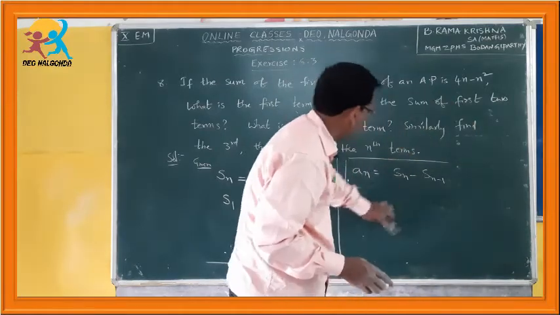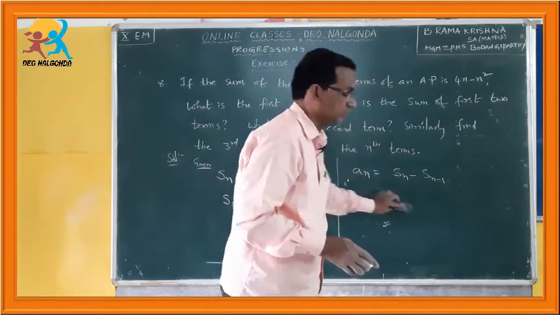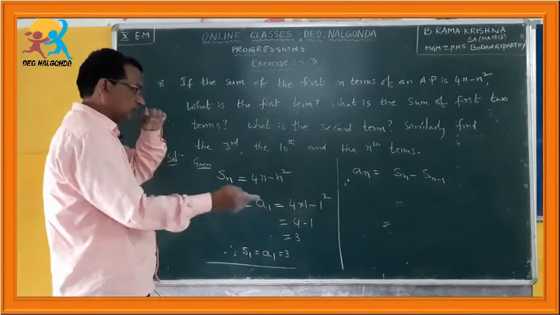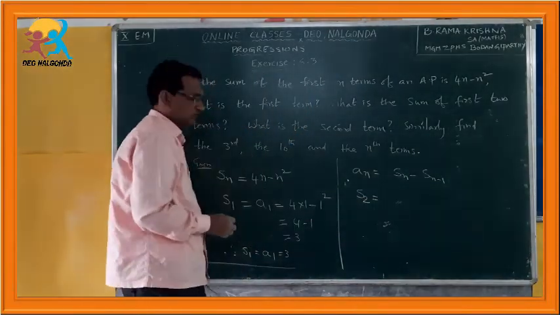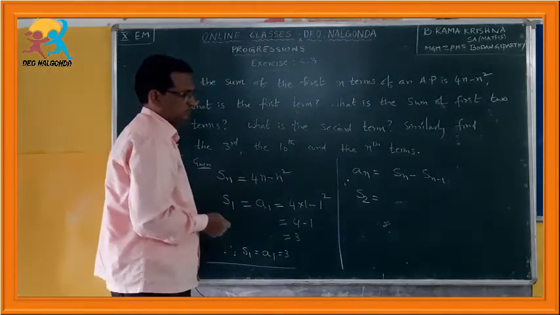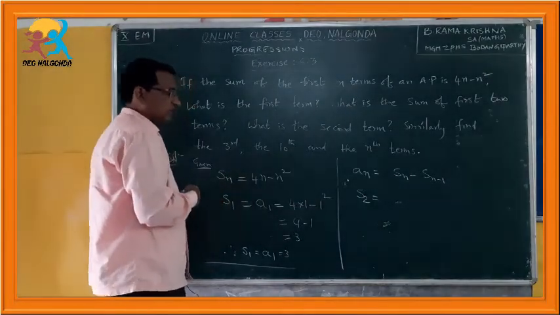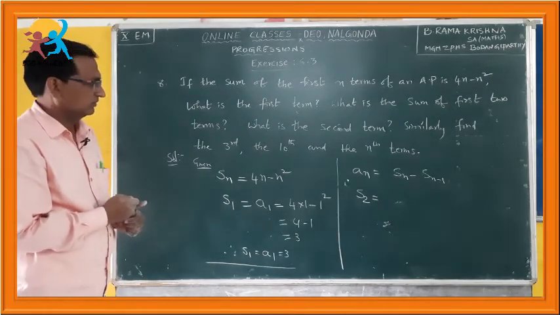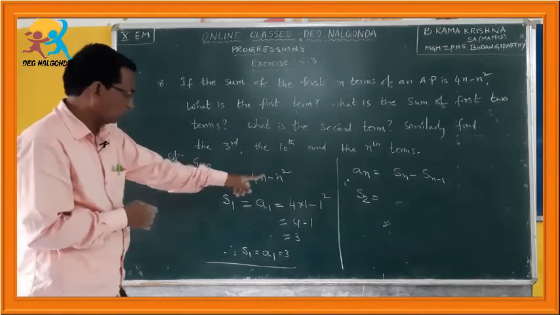Using this, now we find the second one. Let us see what is the second question he asked. What is the sum of 2 terms? The sum of 2 terms is simple. He is asking S2. Here Sn is given, so you have to substitute 2 in the place of n.